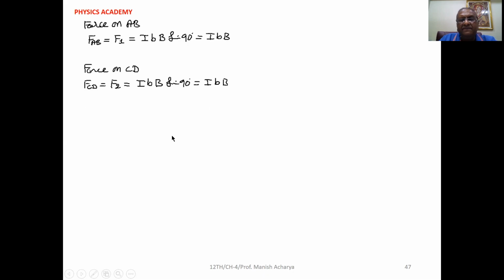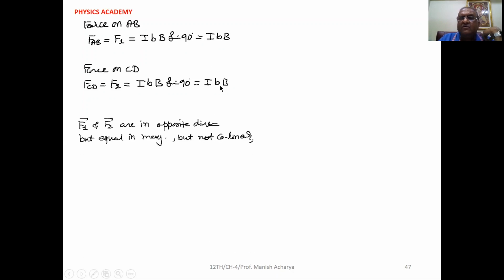But the current flowing in the AB part and in the CD part is in mutually opposite directions. In AB, current is flowing in this direction, in CD, down. So no doubt these two forces are equal in magnitude, but both the forces will be opposite in direction.